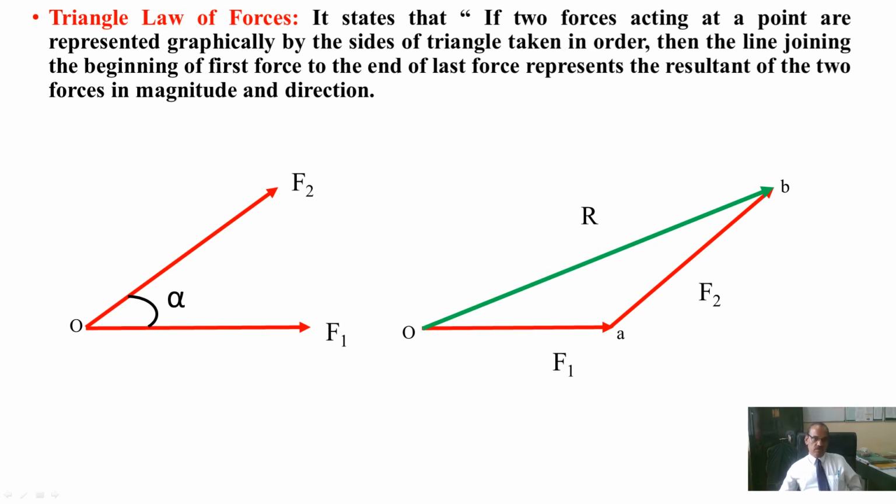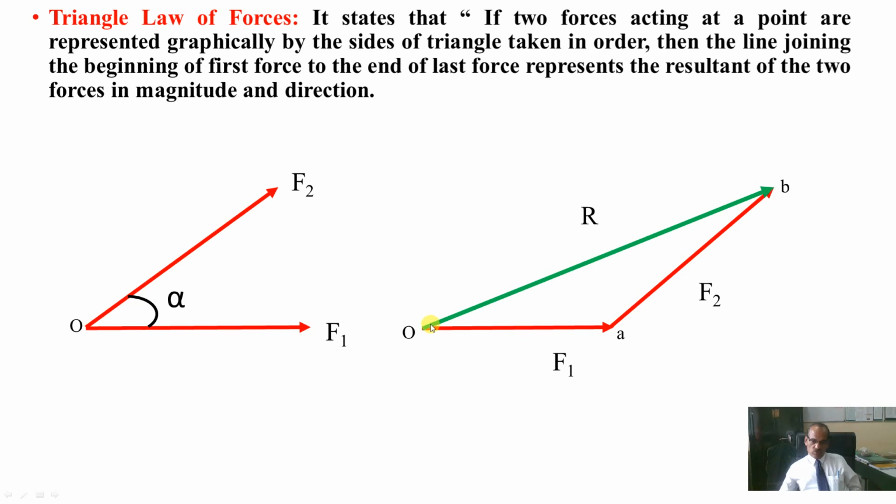This is called triangle law of forces. But remember, when we'll go in order, you see in anti-clockwise, O small a will represent F1, then A to B will represent F2, and I will join the closing line.